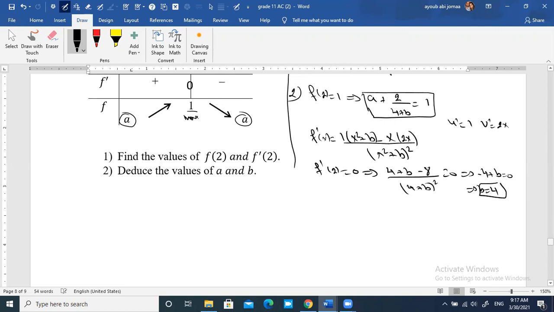Right. Here we found b. We still have to find a. Use this: a plus 2 over 4 plus b is equal to 1. Replace b by 4. Then a plus 2 over 4 plus 4 is equal to 1. Then a plus 1 over 4 is equal to 1, and then a is equal to 3 over 4.